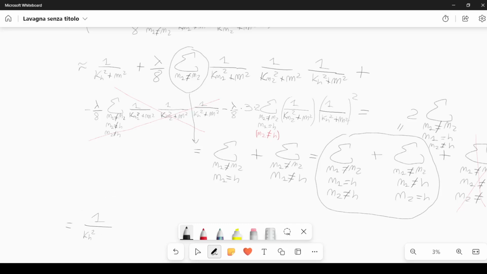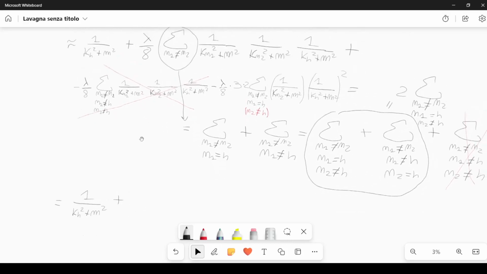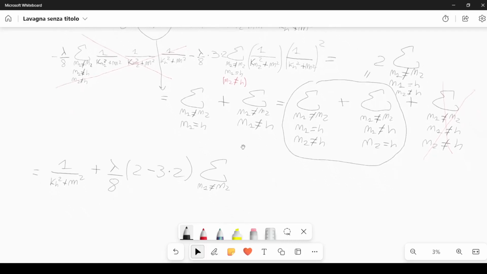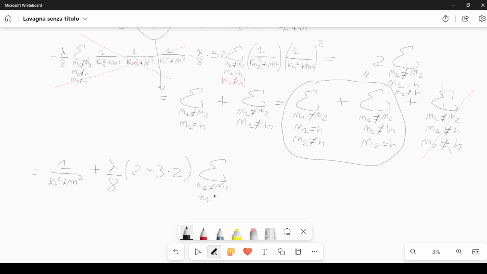So when you put all the terms together, this is equal to 1 over k h squared plus m squared, and then you have plus lambda over 8. Remember that we are considering just this summation, so you have 2 minus, here you have 3 times 2, so you have minus 3 times 2, and then you have the same summation over n1 not equal to n2, n1 equal to h, and n2 not equal to h.